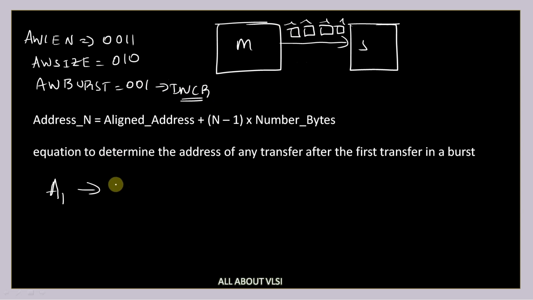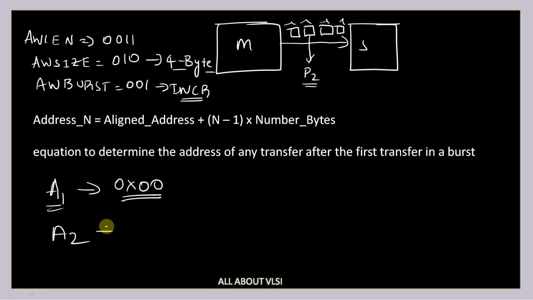So A1 is equal to, let's say, 0. It is also an aligned address because your size is 4 bytes, and 0 is divisible by 4, right? Now what is address A2, corresponding to packet P2? The next address is the current address plus 4 bytes, because your size is 4.